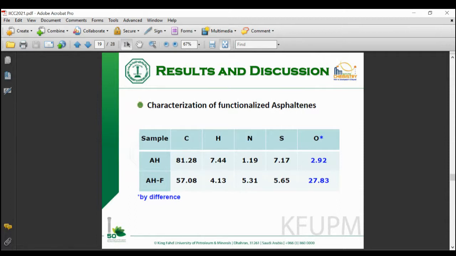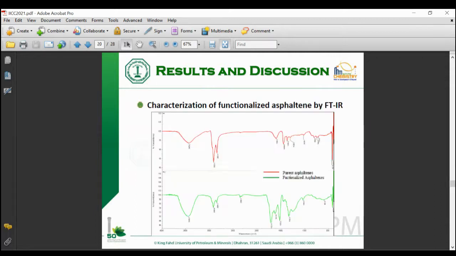After functionalization it is 27.83%, which is also supported by the IR. You can see the development of the IR bands at the carbonyl region, which indicates that the asphaltene now bore carbonyl groups and maybe the ether linkage.